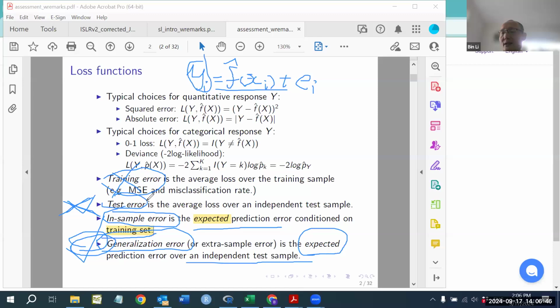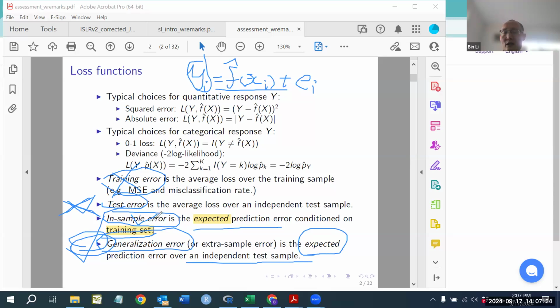But in practice, we usually cannot find this. So we need to find some proxy to approximate the generalization error. One approach is, instead of finding the model that minimizes the generalization error, which is usually very difficult to get, we find a model which minimizes the in-sample error.